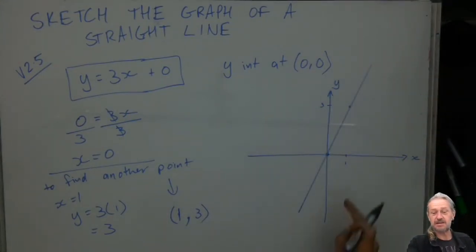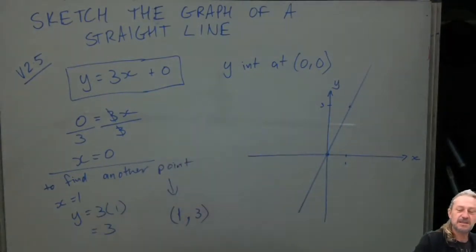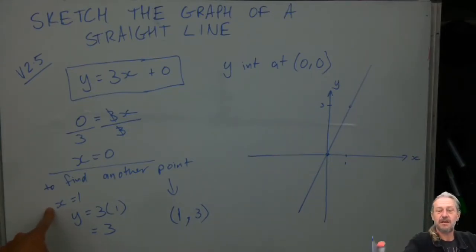So that's a specific case where the y-intercept and the x-intercept happen to be in the same place. So we needed to substitute a different value of x in to find another point that we could draw the straight line through. I hope that makes sense. We could have chosen anything else.